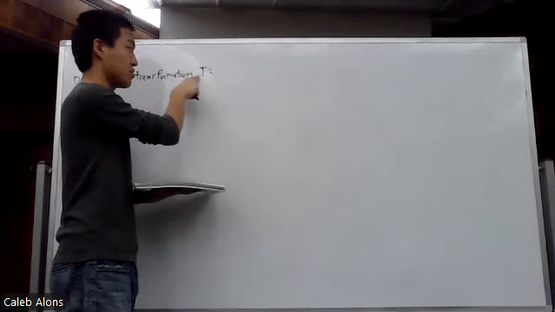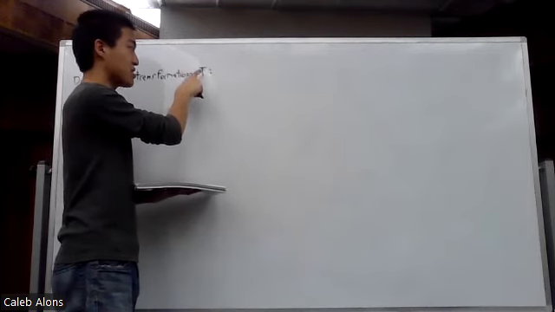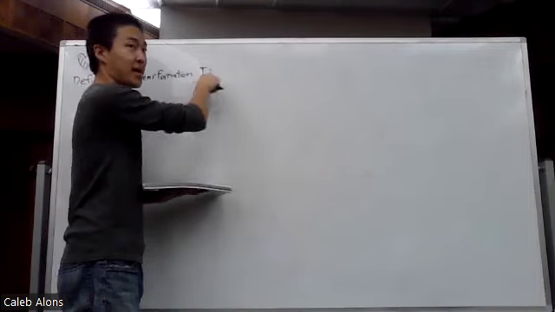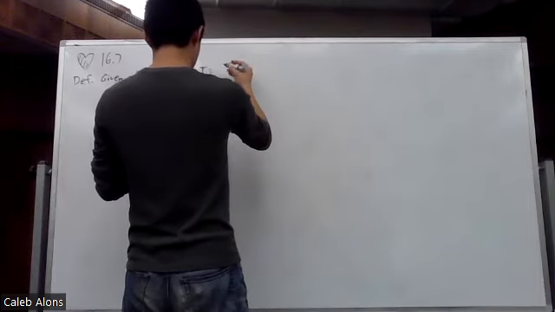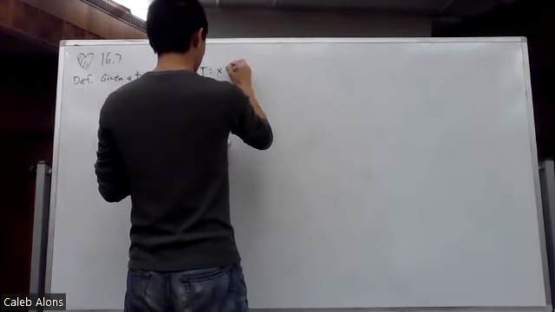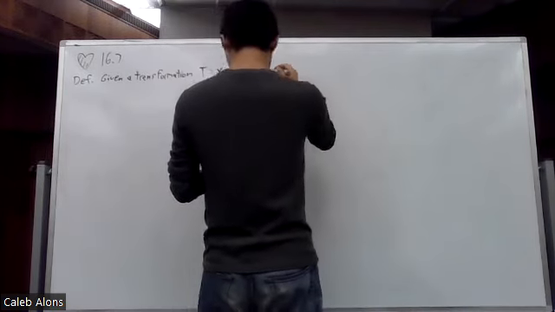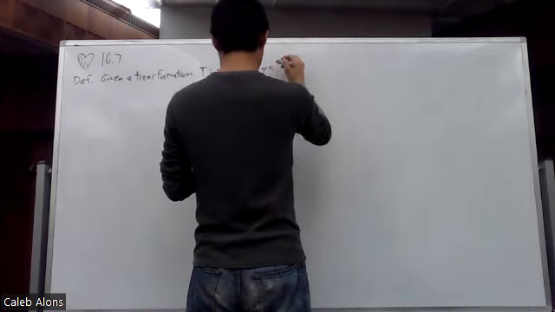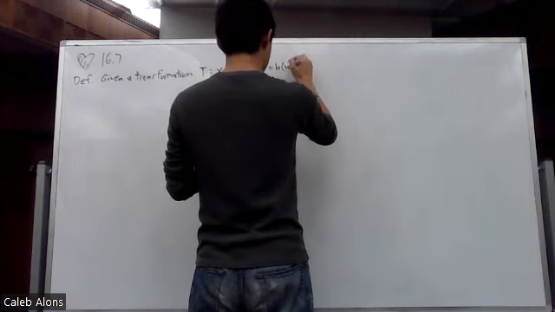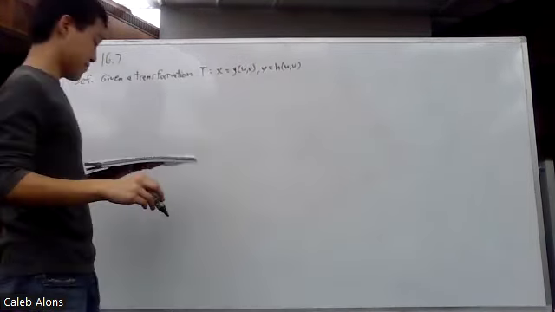Make sense? So T, in English, you can read it as T defined by and then its definition. So X will be transformed by some function of the new variables U and V that we're trying to get to. And Y will be expressed in terms of the new variables we're going into.